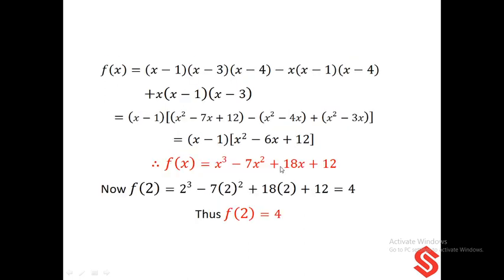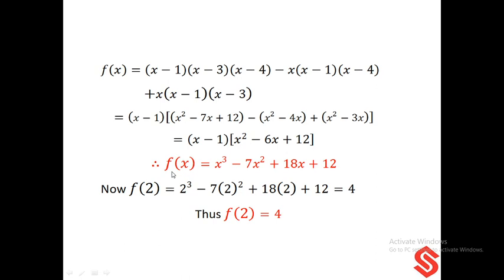We get x f of x is equal to x minus 1 into x minus 3 into x minus 4 minus x into x minus 1 into x minus 4 plus x into x minus 1 into x minus 3, that is x minus 1 is common, we get x minus 1 into x square minus 7x plus 12 minus of x square minus 4x plus x square minus 3x, that is equal to x minus 1 into x square minus 6x plus 12.